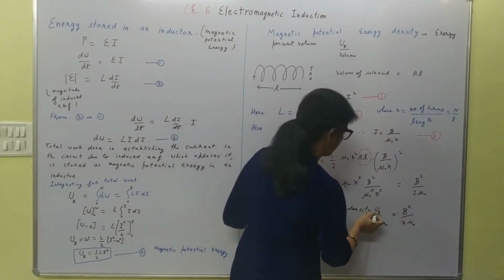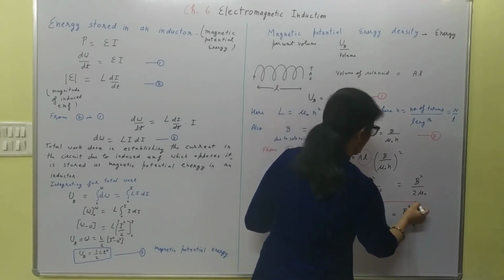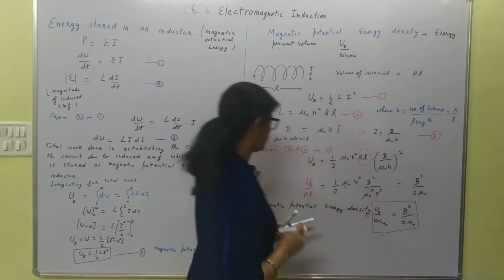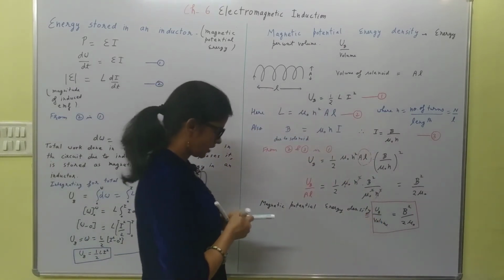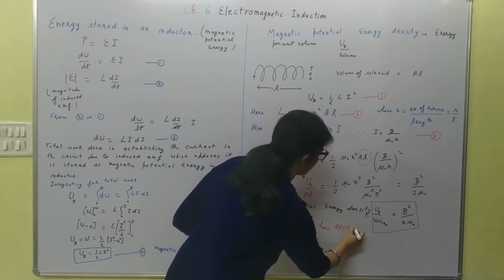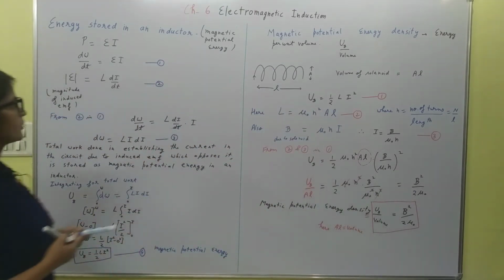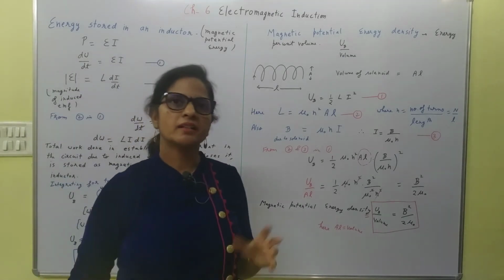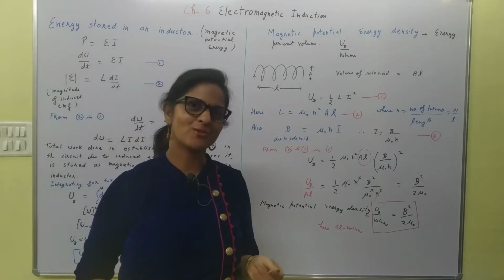So this is the formula for the magnetic potential energy density. So that's all about the energy stored in an inductor and the energy density. Thank you and have a nice day.